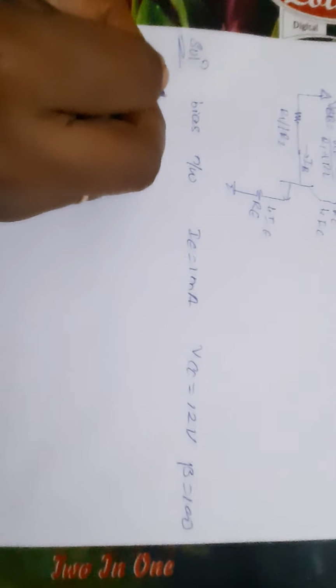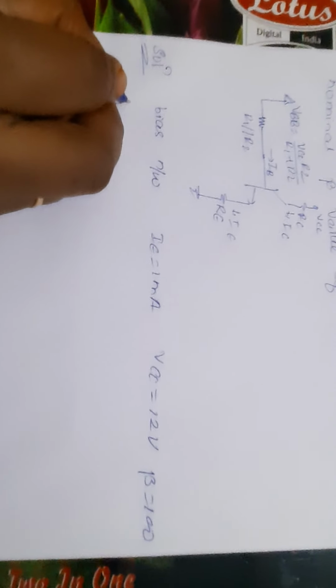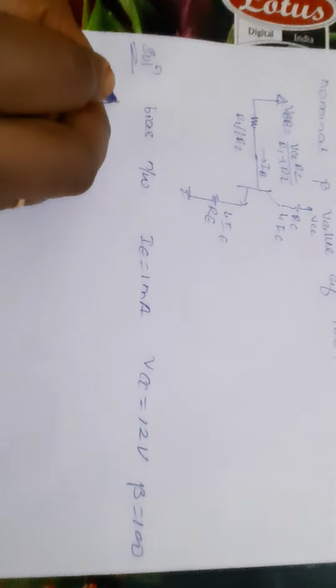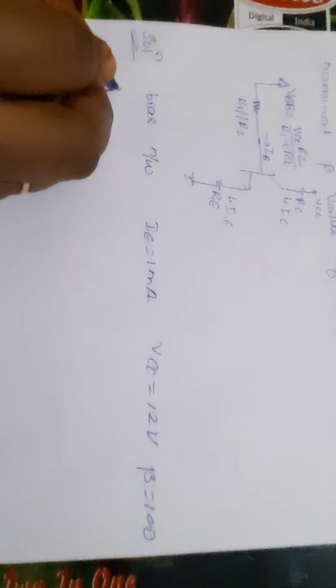Now we'll follow the thumb rule, which is 1/3 VCC across R2 and 1/3 VCC across RC, leaving 1/3 VCC to provide signal swing at the collector.